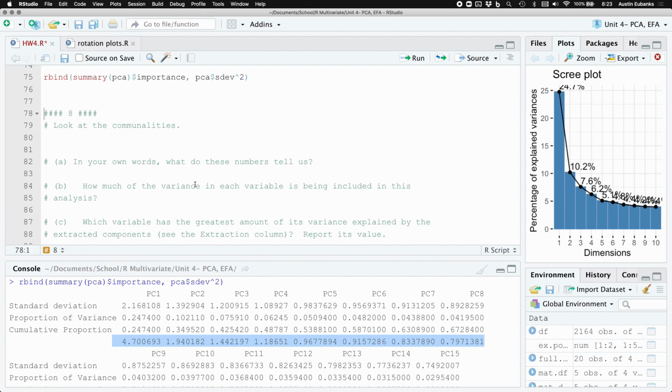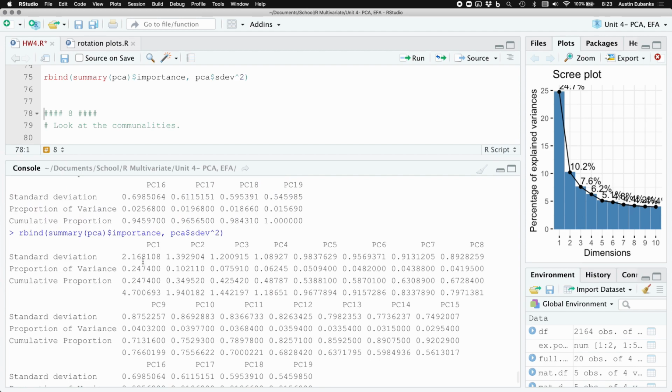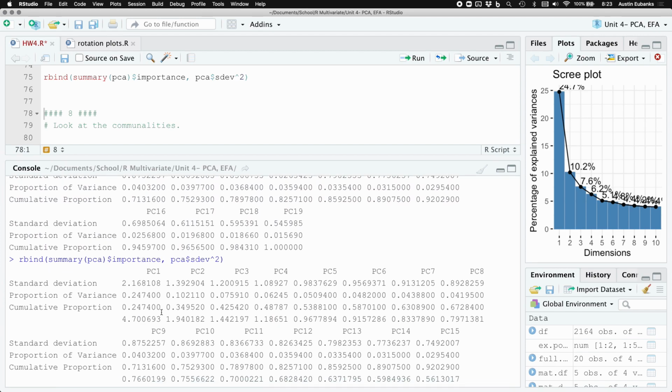So in the rbind table that it outputted, each component is listed: principal component 1, principal component 2, principal component 3, and so forth. The first row is the standard deviation, and the bottom row is the standard deviation squared, which is variance or eigenvalue.